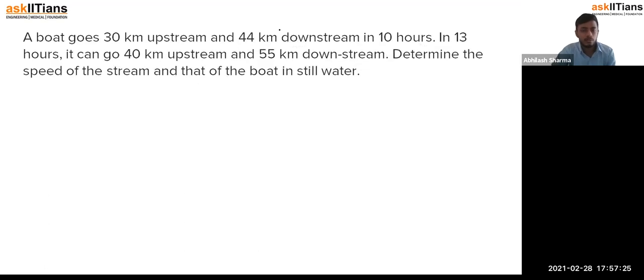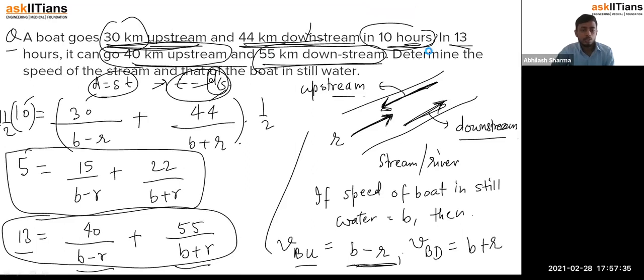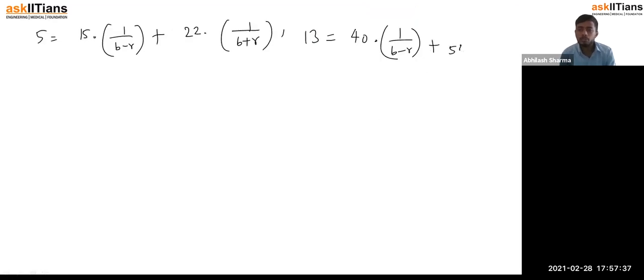Then the second equation that we have is 13 is equal to 40 upon b minus r, which I can write as 40 into 1 upon b minus r, plus 55 upon b plus r, which I can write as 55 into 1 upon b plus r. Correct. Now, what should we substitute?